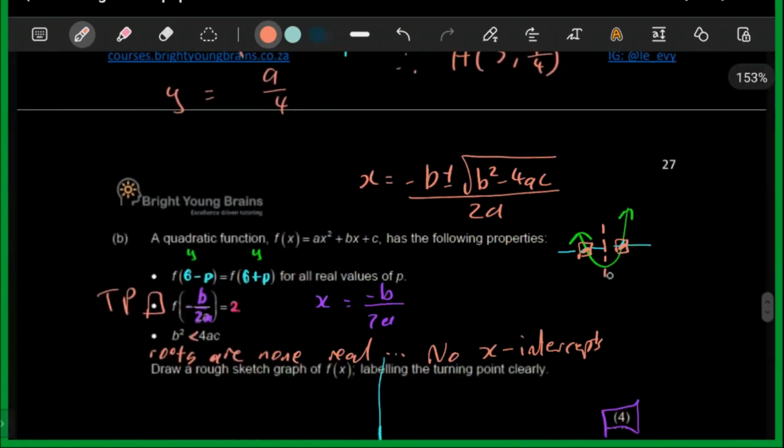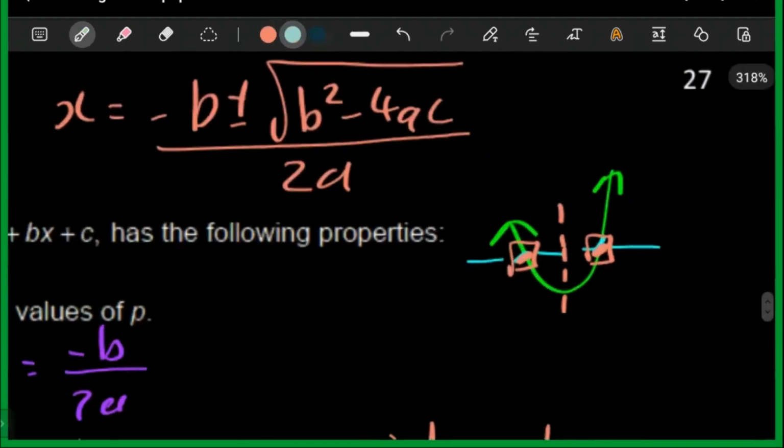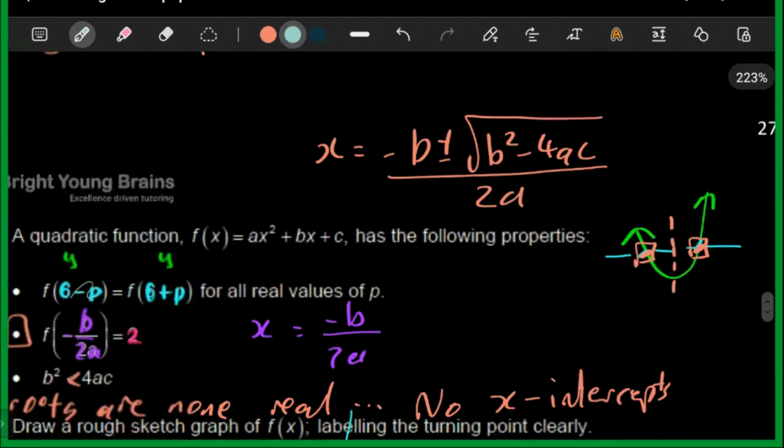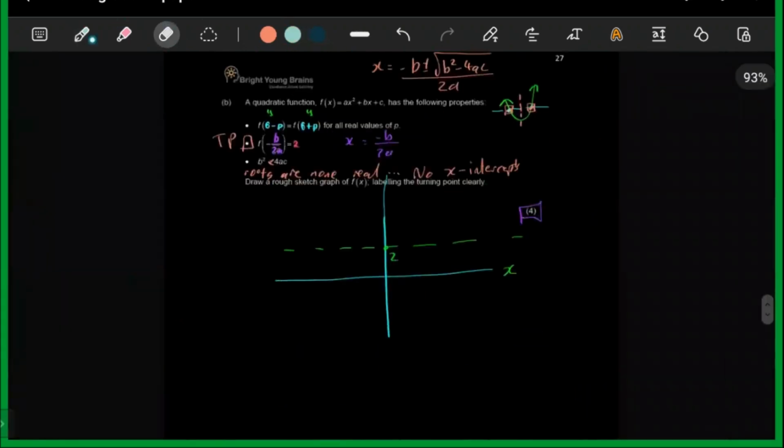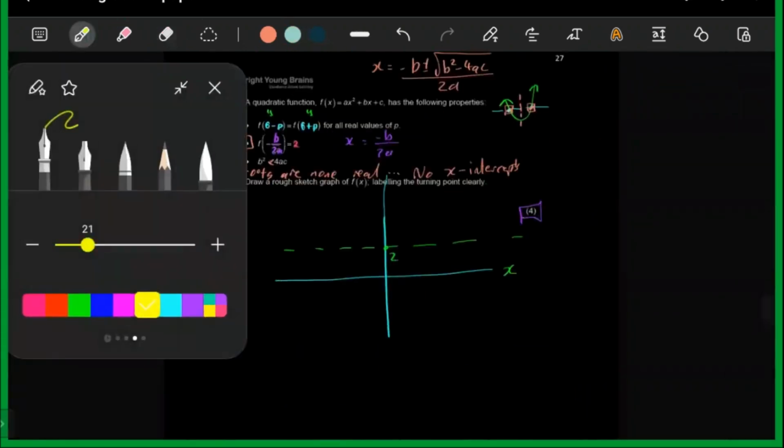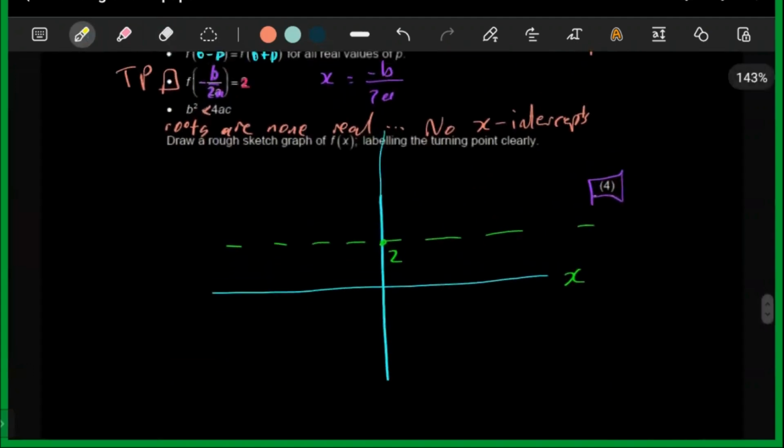The x value of your turning point is always in the middle of two values on your parabola. So what you already know is that the x value 6 minus p is going to be on the left here. The 6 plus p is going to be on the right here, potentially, or vice versa. It doesn't matter. All we know is the middle of those 2 points is the x value of the turning point.